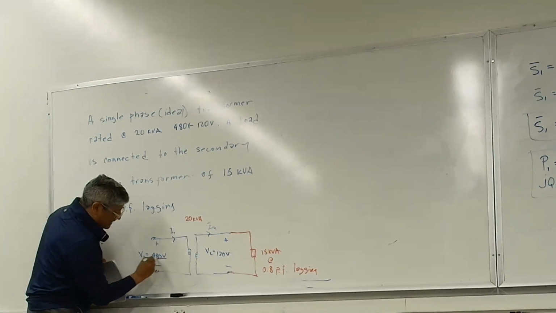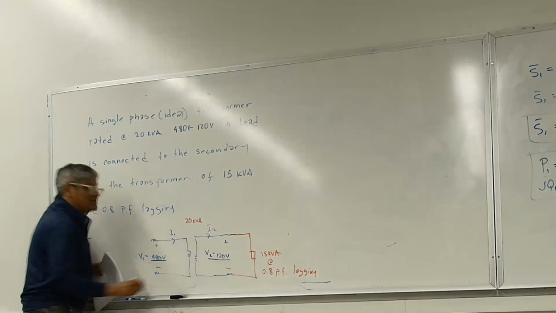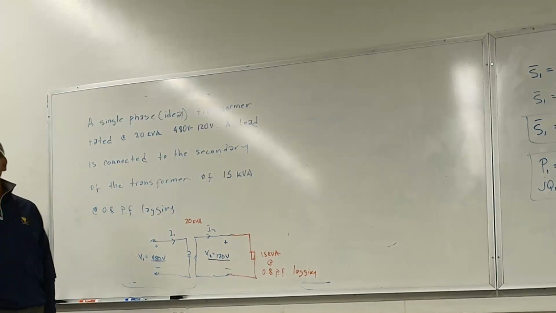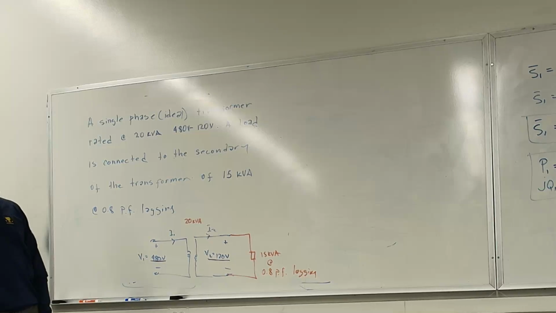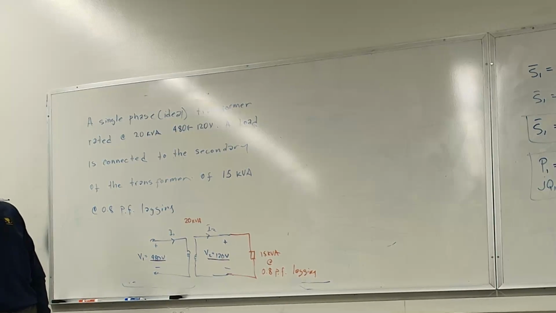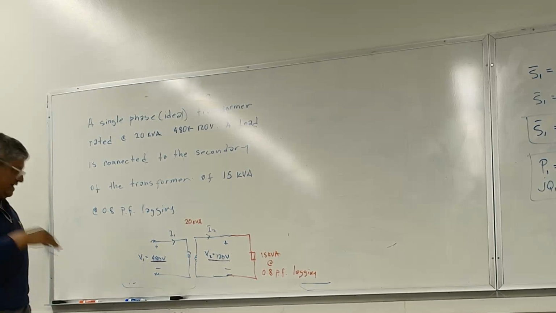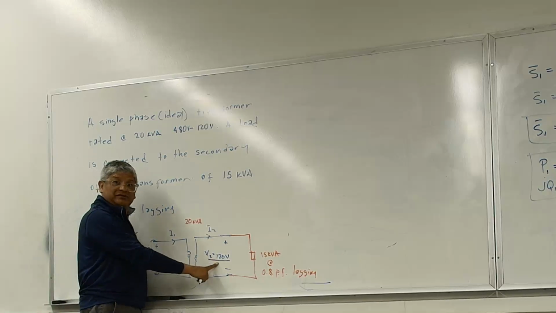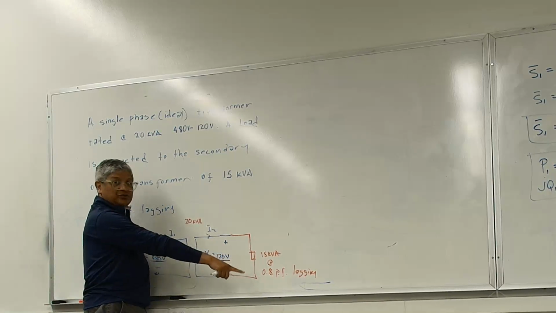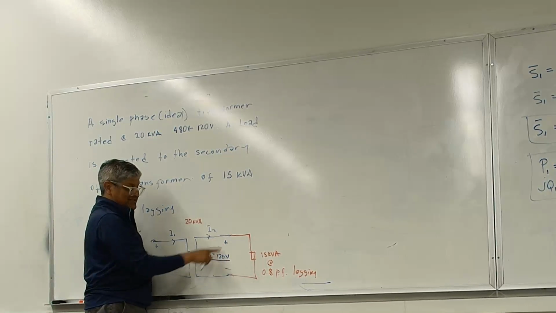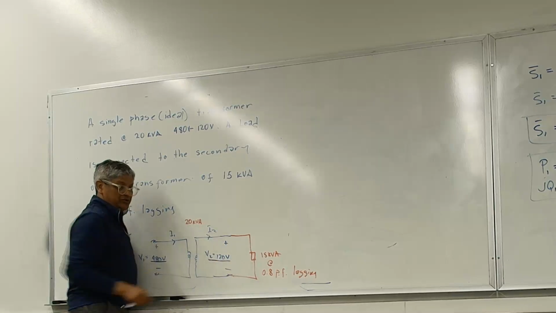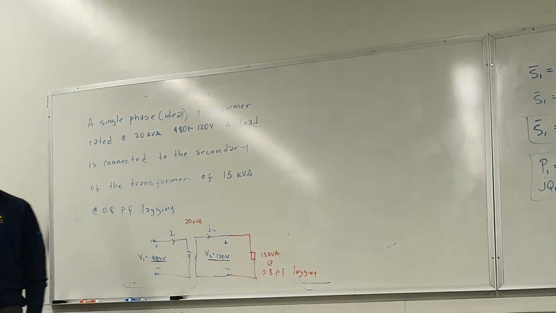The voltage here and the voltage here, that's what we call the rated voltage. That doesn't mean that the transformer is going to be precisely running at 480 and 120 on the secondary side. Case in point, that plug right there is rated for 120 volts. If you put your computer there, that's what it's rated for. But that's not necessarily what you're going to see if you go measure the voltage across the plug.